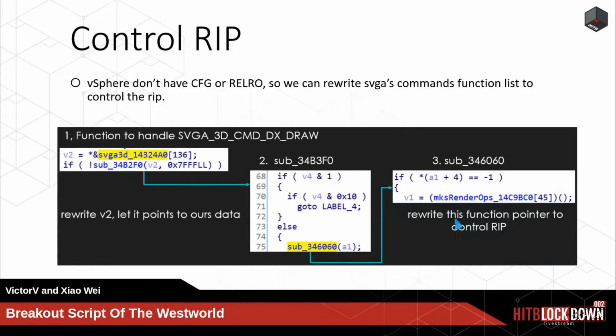So we can control IP with our arguments. Because RDI stores the first argument of a caller in the Linux system, we control the first argument.